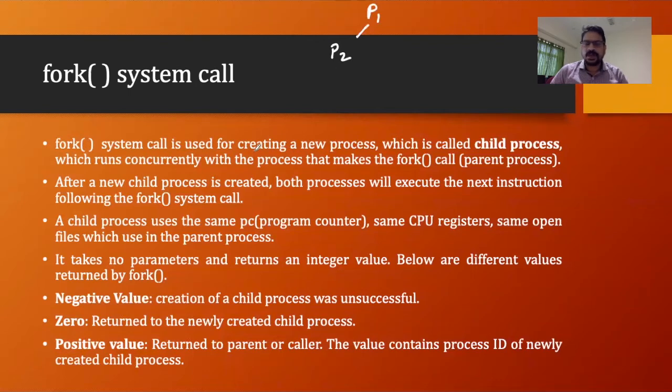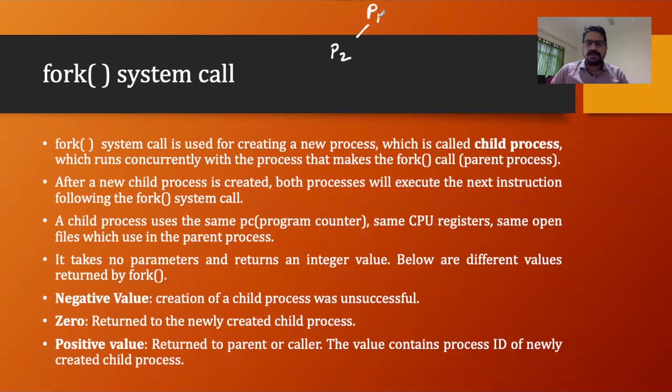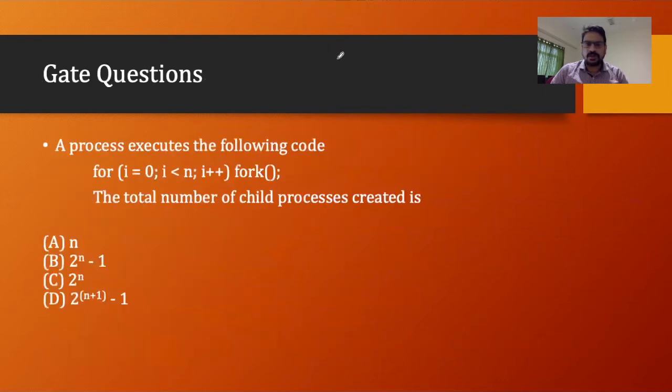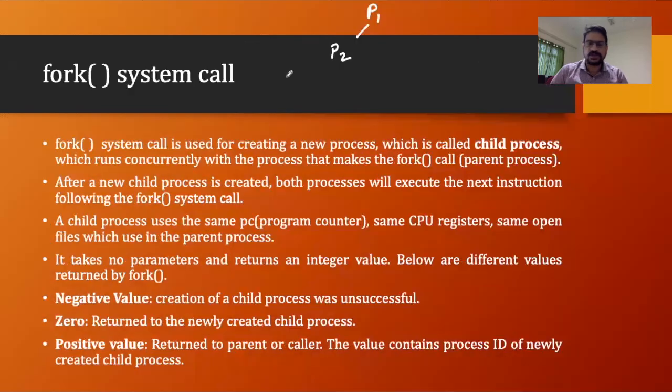So we have two processes with the same line of code, but P1 and P2 are not going to execute this first fork, because it is over for both. Now come to the next. The second fork will be executed.